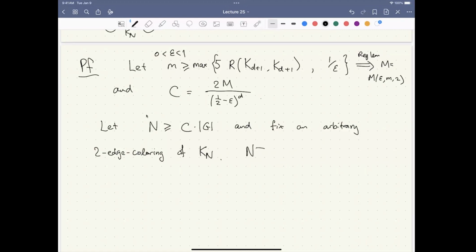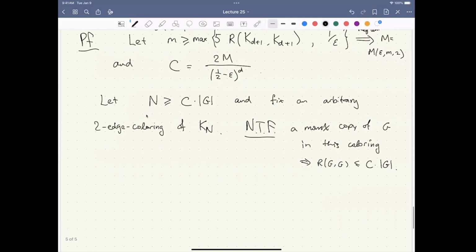What we need to do is find a monochromatic copy of G in this coloring, which would then imply that the Ramsey number is at most capital N. This will imply the Ramsey number of G is at most C times the size of G, as we want.